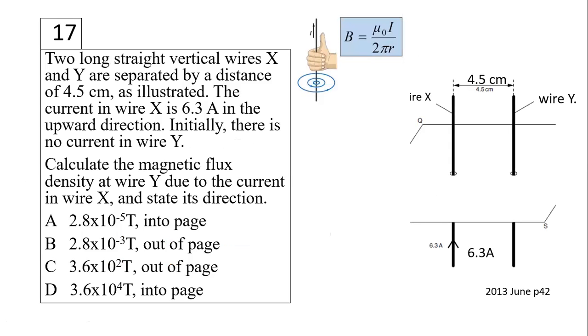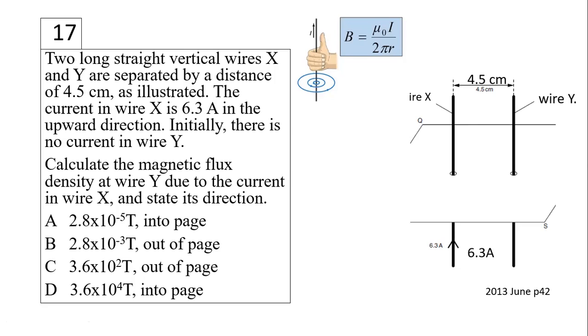This one, yeah, okay. Can memorize the formula. Two long straight vertical wires X and Y are separated by 4.5 cm. The current in X is 6.3 A, going up.